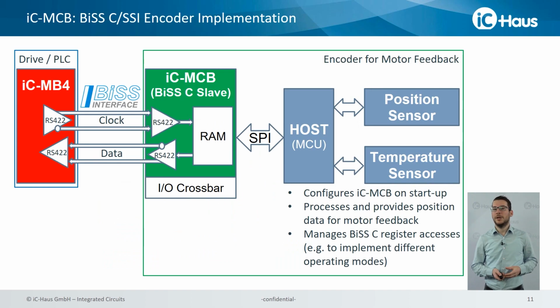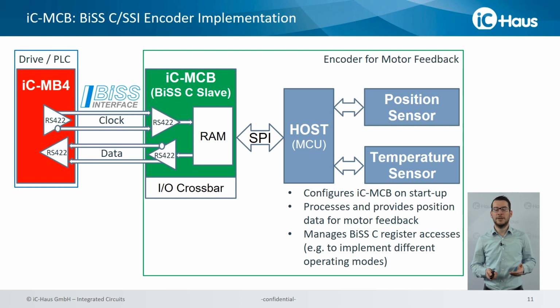Here you can see a typical application for iC-MCB. It is an encoder for motor feedback. What you can see in the center is the host microcontroller, which configures iC-MCB on startup and then provides data of a position sensor, and in this case also of the temperature sensor.